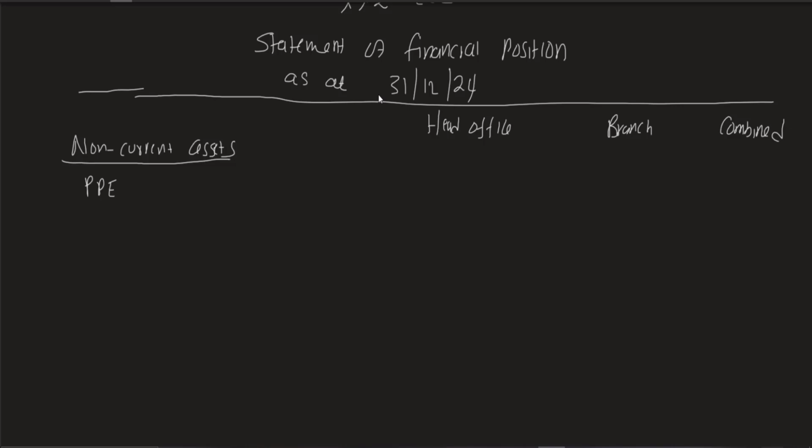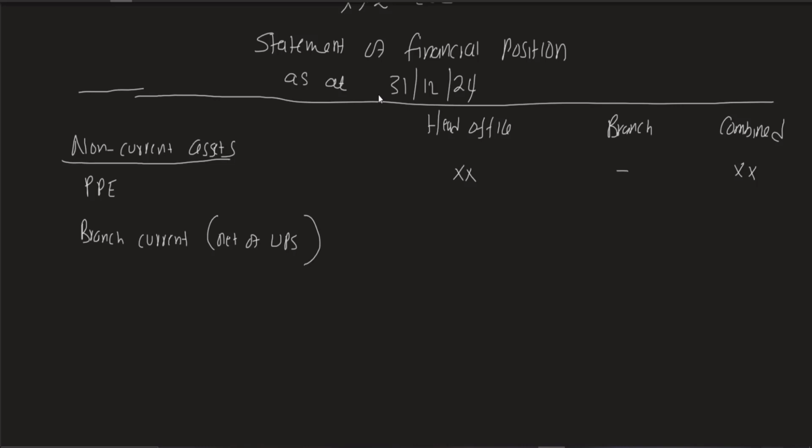So PPE we have for the head office, for the branch, and the combined. We have the branch current account. Remember, we said earlier that the balance in the branch current account is an investment by the head office into the branch. So this should be net of the unrealized profit on closing stock.